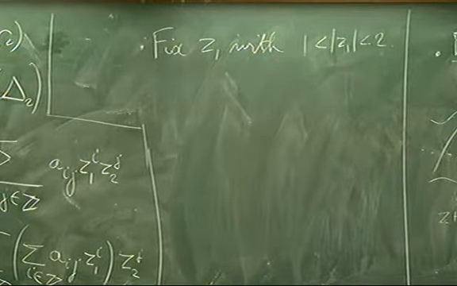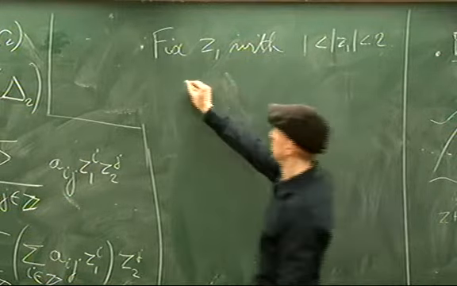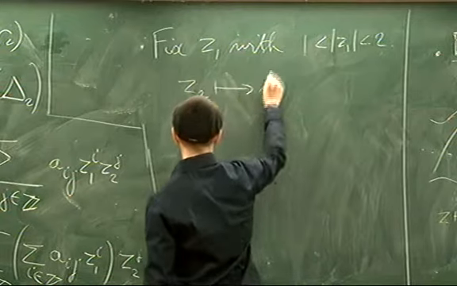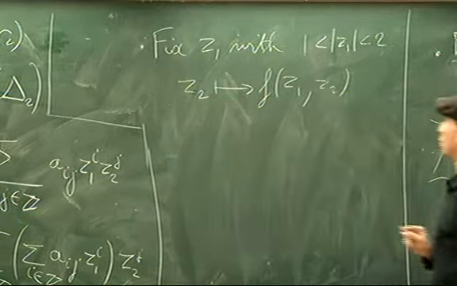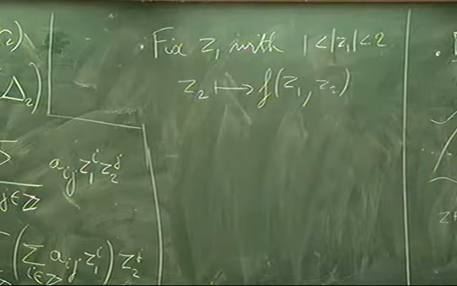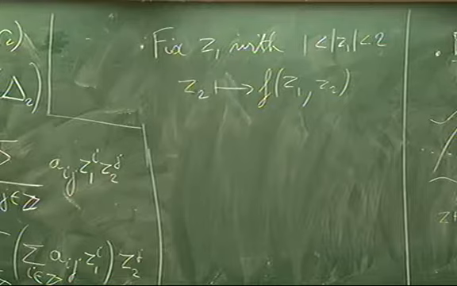Okay, the z1 is somewhere here. And then I look at this function, z2 maps to f of z1, z2. So this is a function of one variable. And it is well defined for z2 in the whole disk of radius 2. I can go down. The variable z2 is allowed to vanish here.